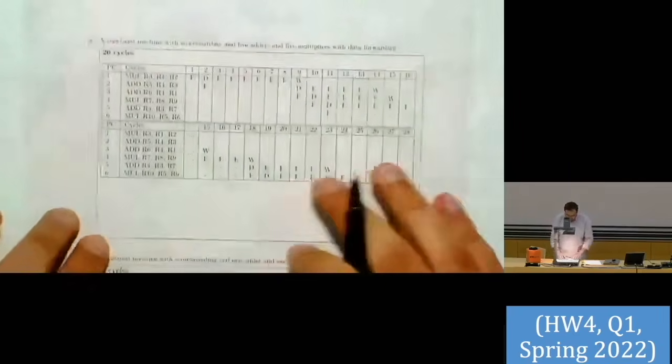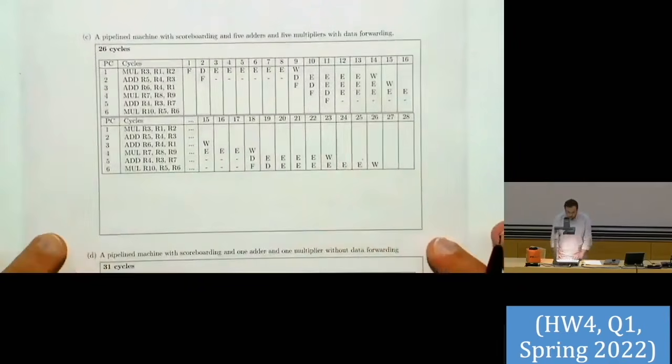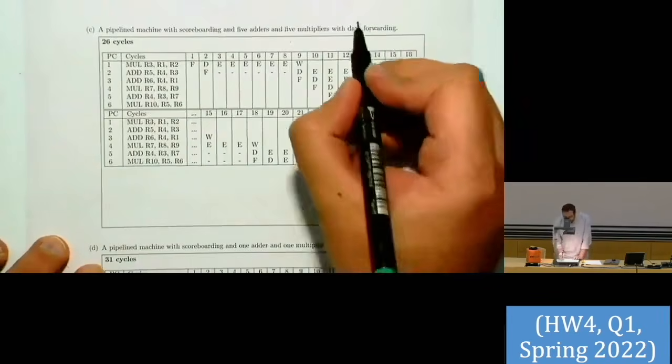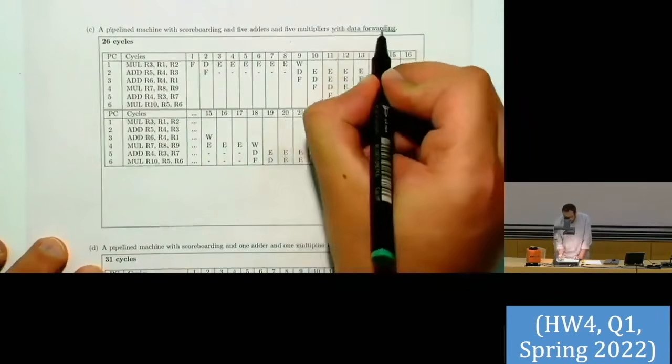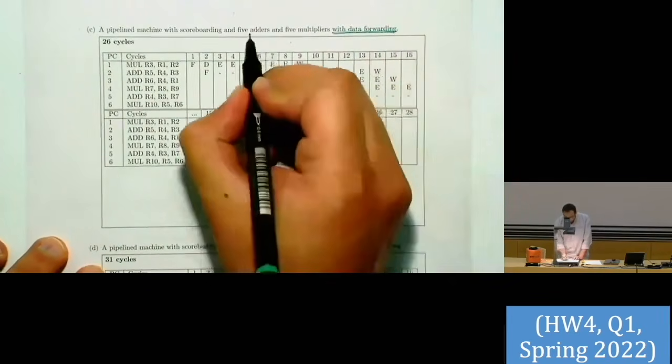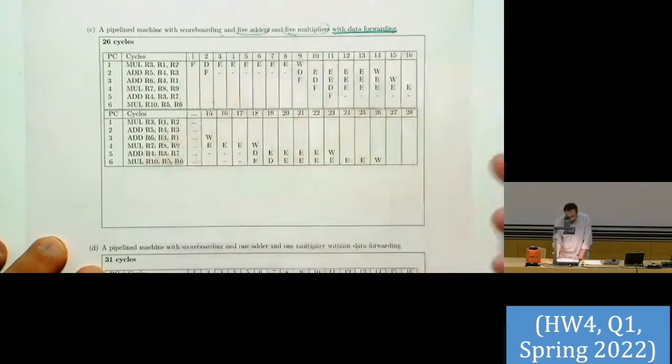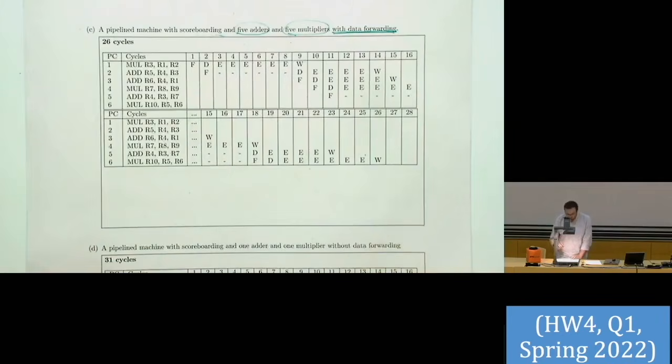Okay, so in the third part of the question, we have one simple difference here, which is that we have data forwarding now. We still have 5 adders and 5 multipliers, and we are using the scoreboarding technique. What matters now is that we can get the result earlier than in the previous part.